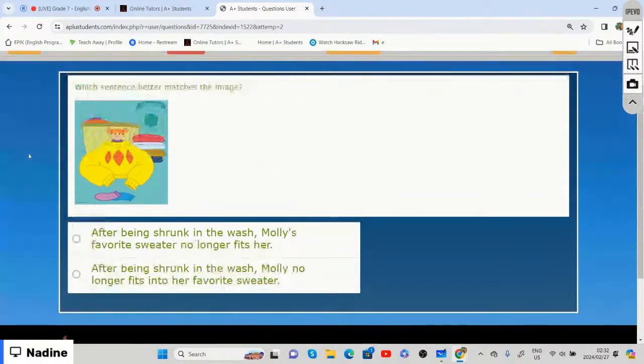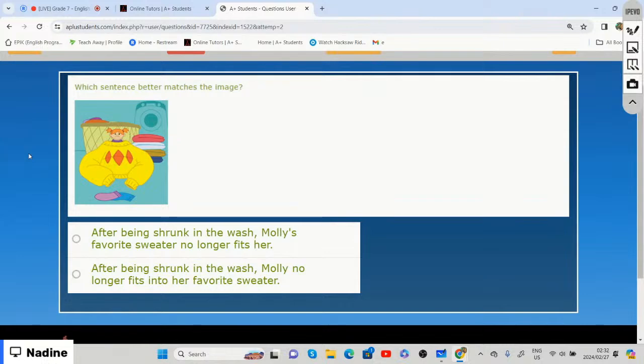It says, after being shrunk in the wash, Molly's favorite sweater no longer fit her. Or, after being shrunk in the wash, Molly no longer fits into her favorite sweater. So is it the first option or the second option? Which sentence is phrased correctly? After being shrunk in the wash, Molly's favorite sweater no longer fits her.